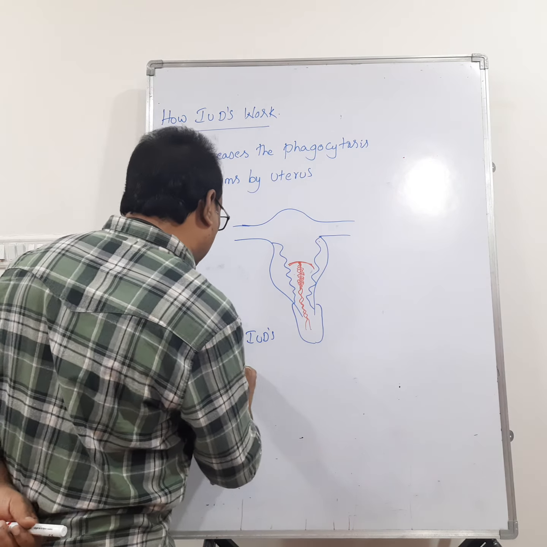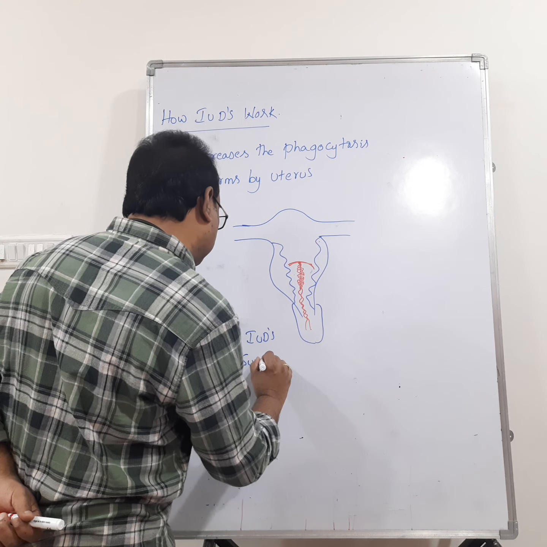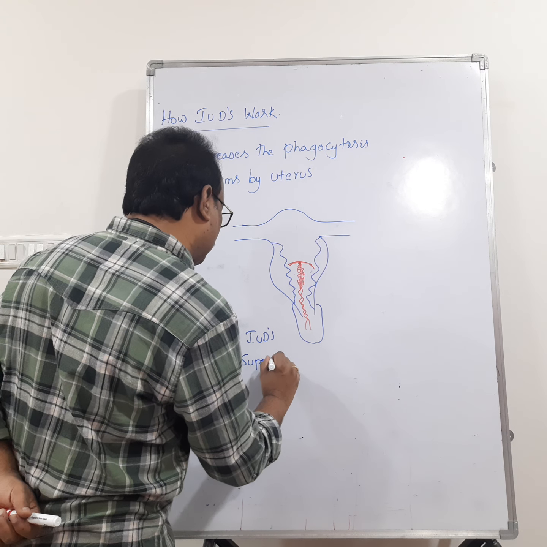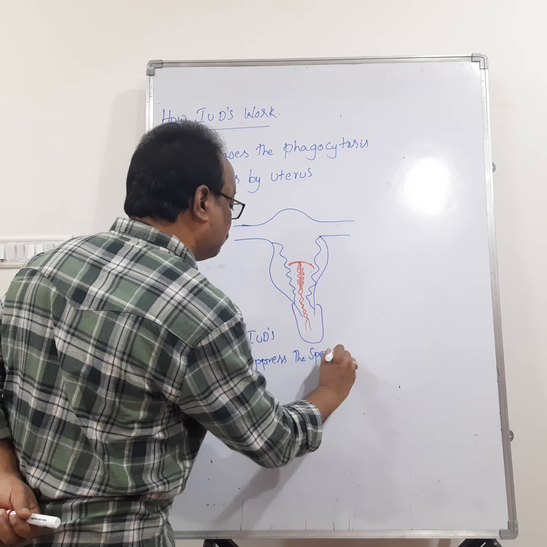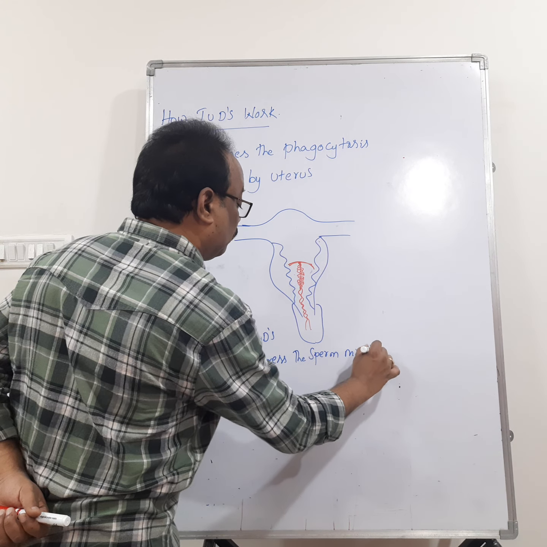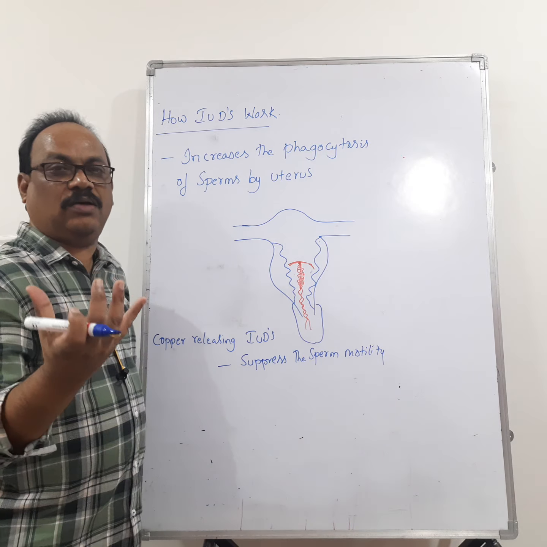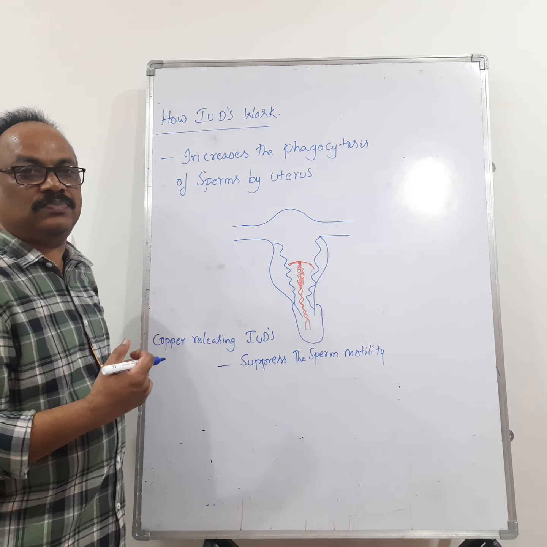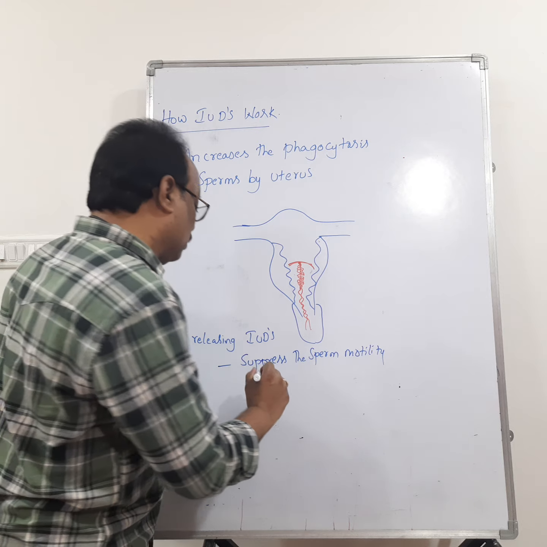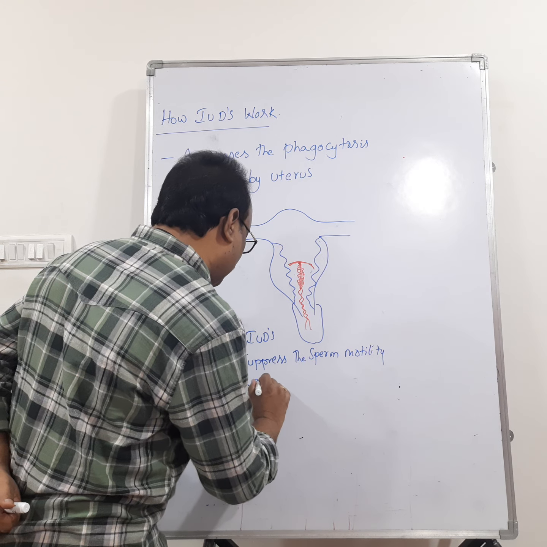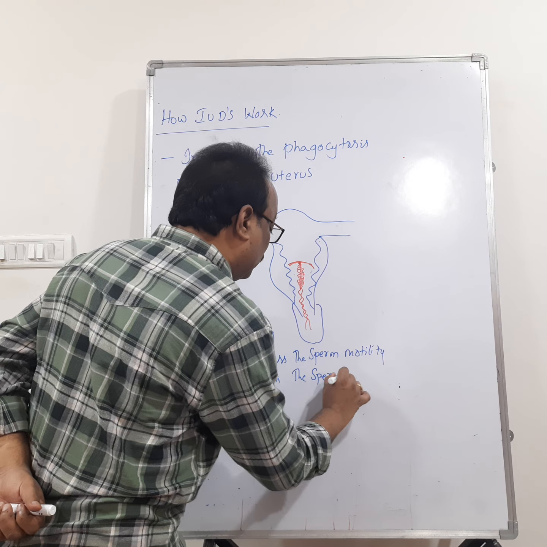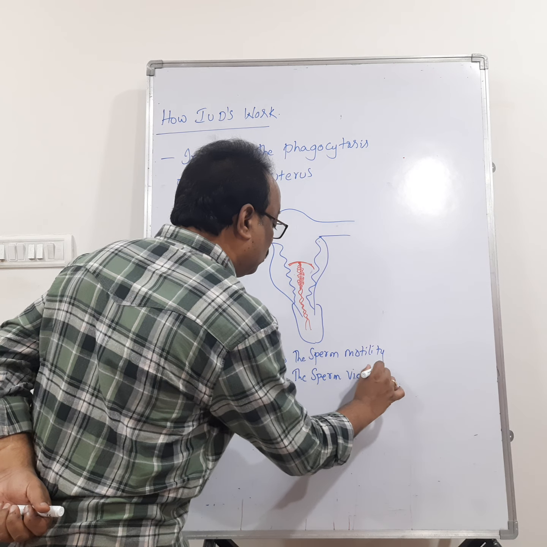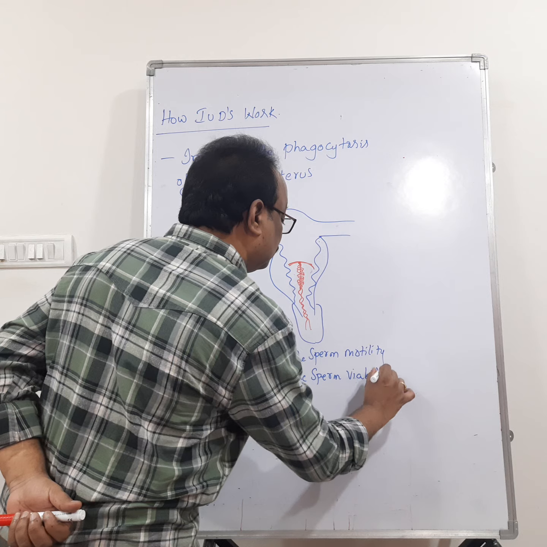Copper releasing IUDs suppress the sperm motility. That means the motility of sperm decreases. Then they suppress the sperm viability. That means the sperm is not that active.